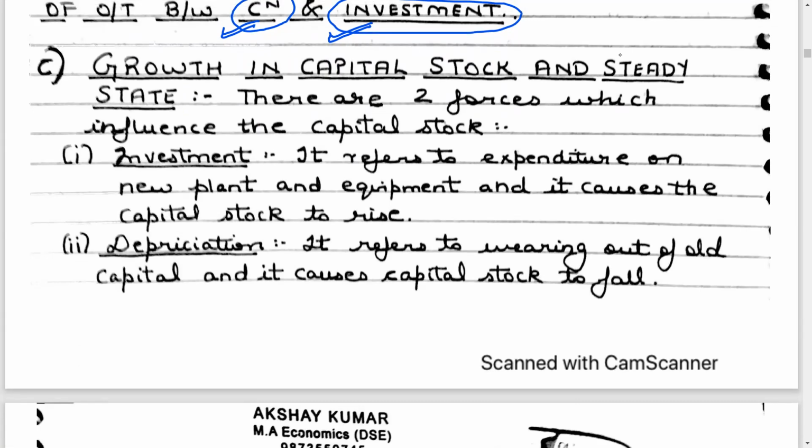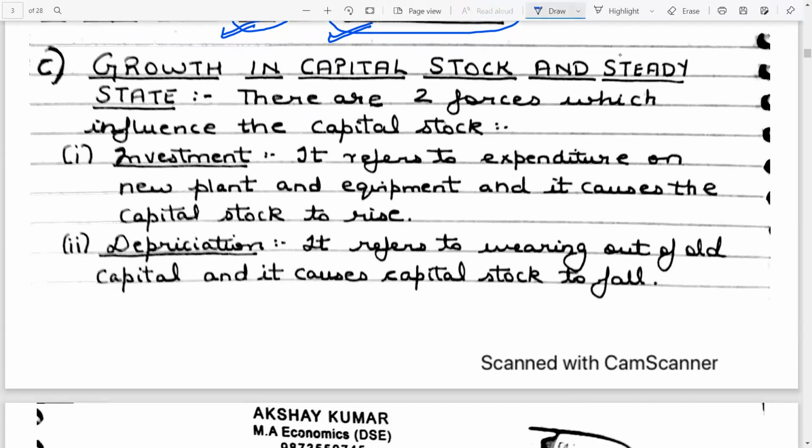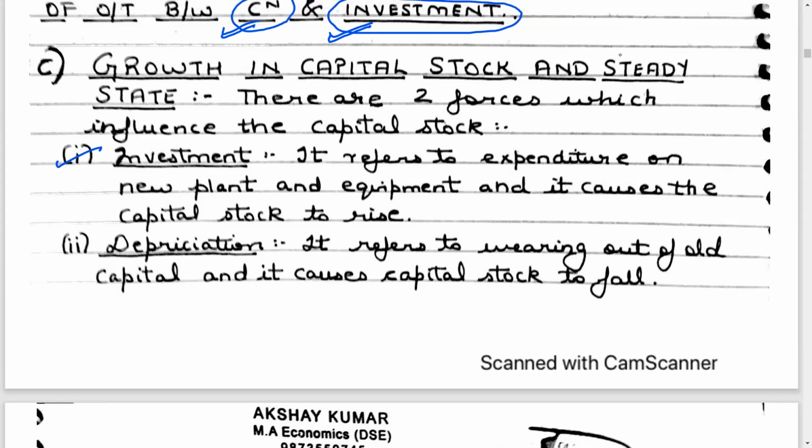So from the model, you can see that there are two forces which are affecting the capital stock. One is the investment. What is investment causing? Investment is causing the capital stock to rise.